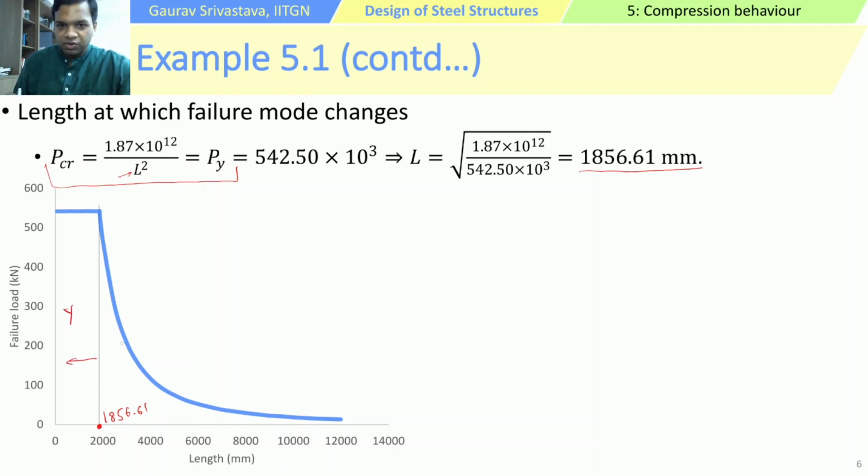And up to yielding, of course, it is a straight line, because the yielding load will not change because the yield stress of the material doesn't change, right? Of course, if it's a different material, then the value might change, but it will remain constant with respect to the length. Now, beyond the length where the transition takes place, we will see a 1 by x squared type of behavior, primarily because this is now governed by buckling, right?